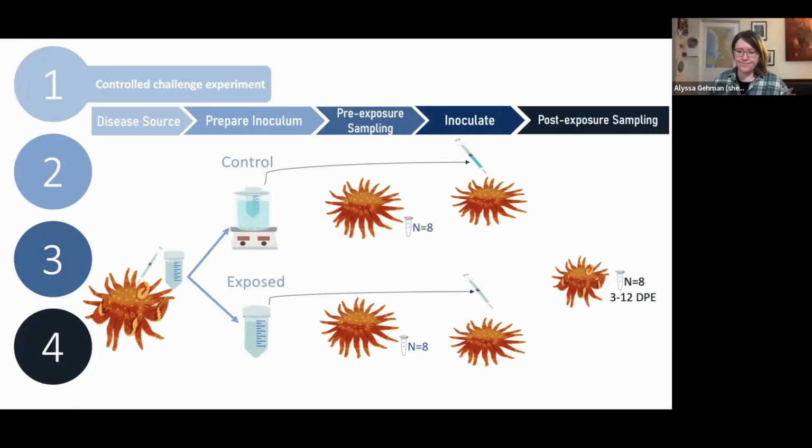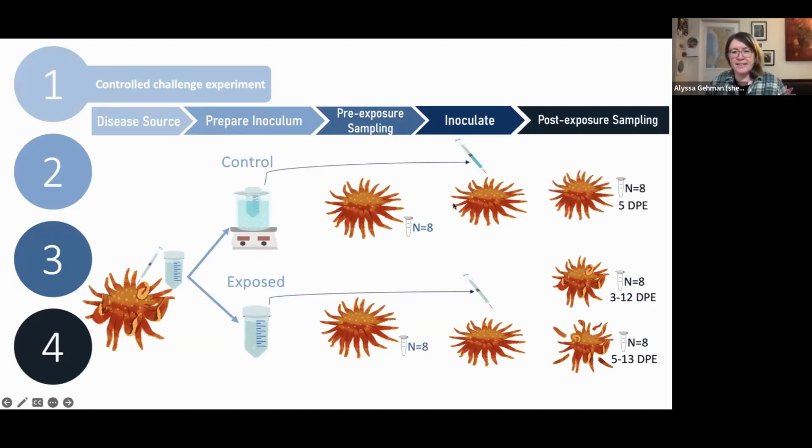And what happened to the exposed group is that they all showed signs of disease. And they did so about 3 to 12 days after we'd exposed them. Unfortunately, it's a very upsetting disease. So they sort of twist, but then their arms drop off, and it's quite a thing that would happen to all of the ones that are exposed at a slight delay to when they twist.